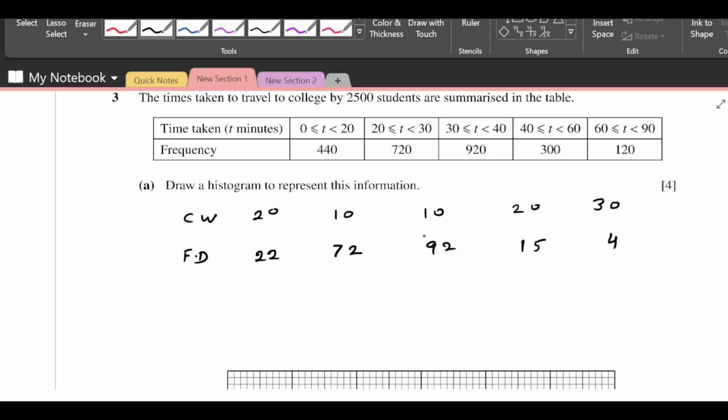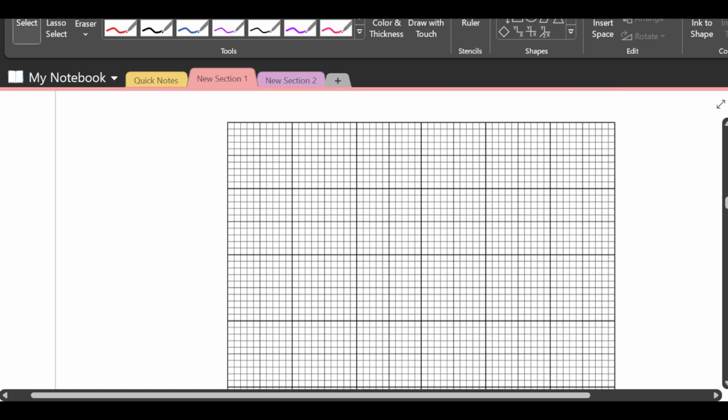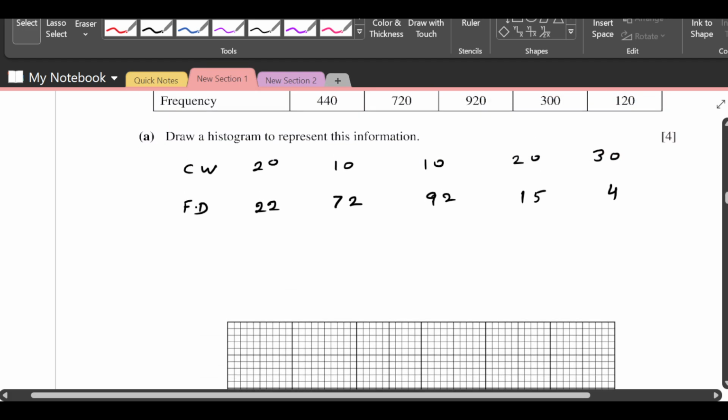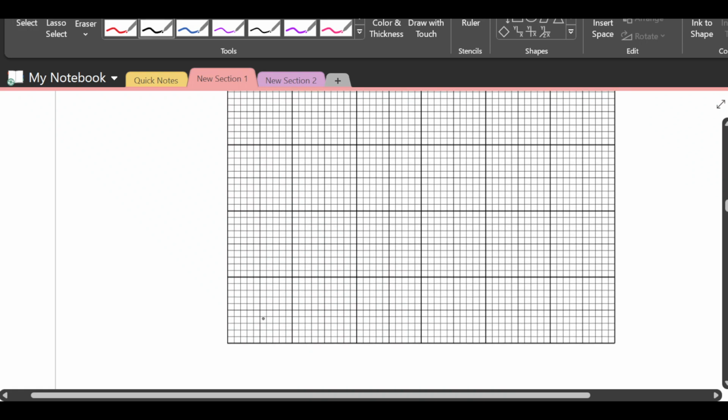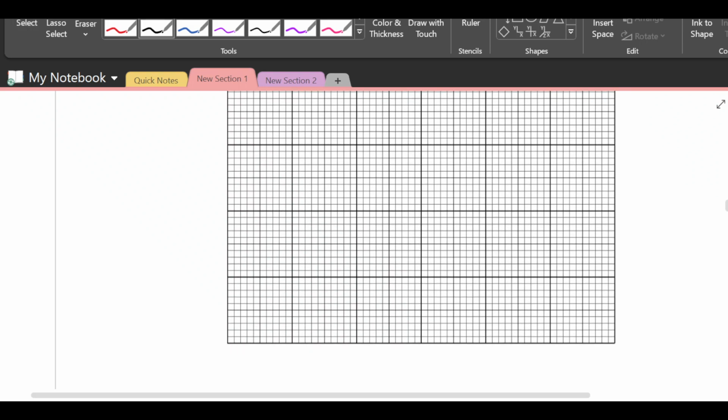So here in this diagram, we will start with 0. So here the initial point is 0. Then this is 20, 40, 60, 80, 100.